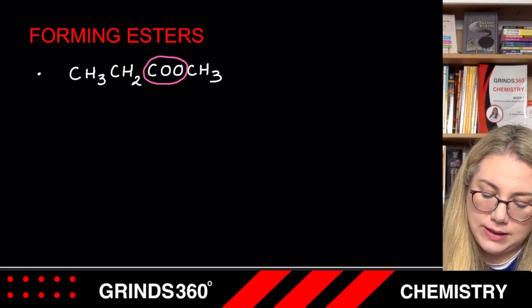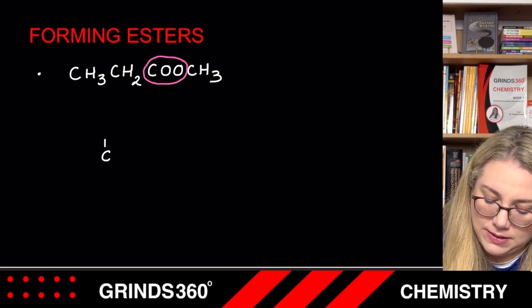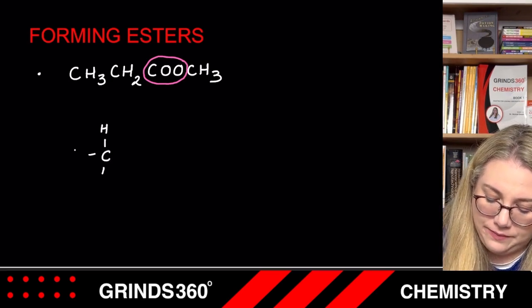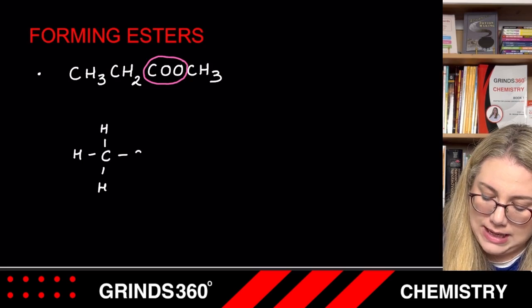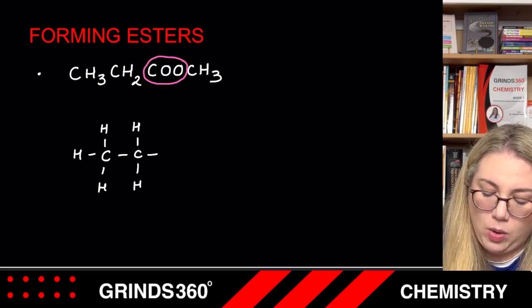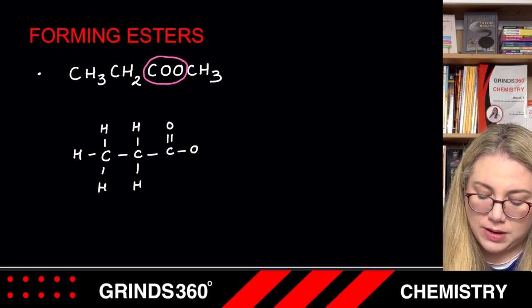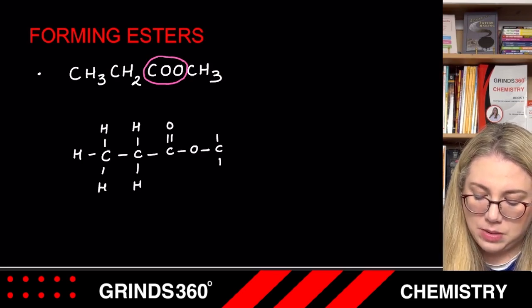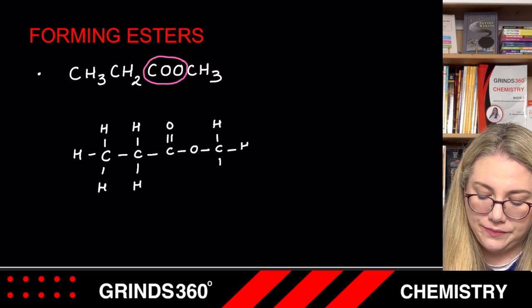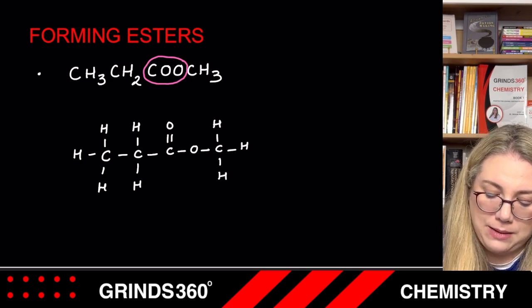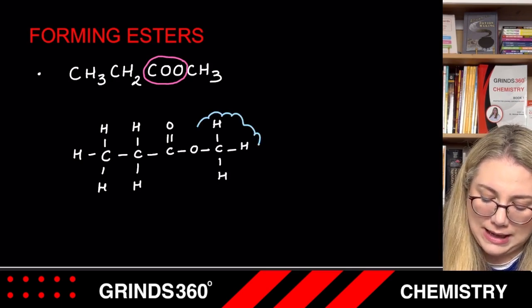Now, if I was drawing this one out, you start with your CH3, which is then bonded to two hydrogens. Now, COO, when it's written like that, that's C double bond O, and then the single bond to the oxygen, which is then bonded to a CH3. If I was naming this ester, highlight the bit that came from the alcohol.